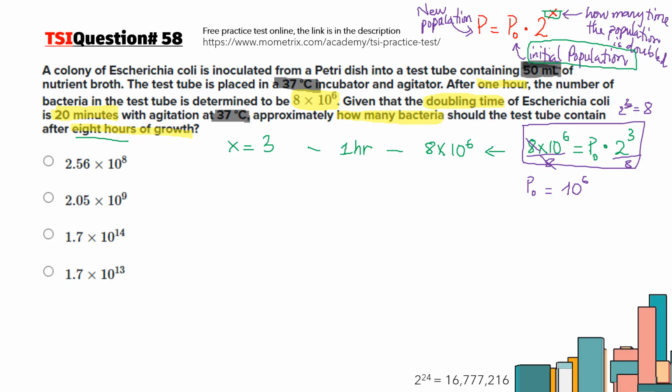Now we can try the formula one more time. The new population equals P naught, the initial population we just calculated, 10 to the power of 6, multiplied by 2, the doubling, to the power of x.